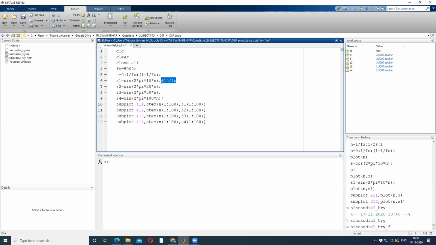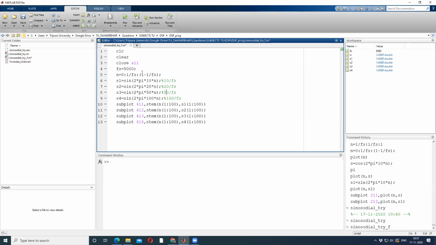Similarly, this is 20 by fs, this is 30 by fs, and this is for 100 by fs. So 10, 20, 50 by fs. So this is the ratio. We are taking the ratios based on this, and based on this we are having the signals. So this is how the signals behave.